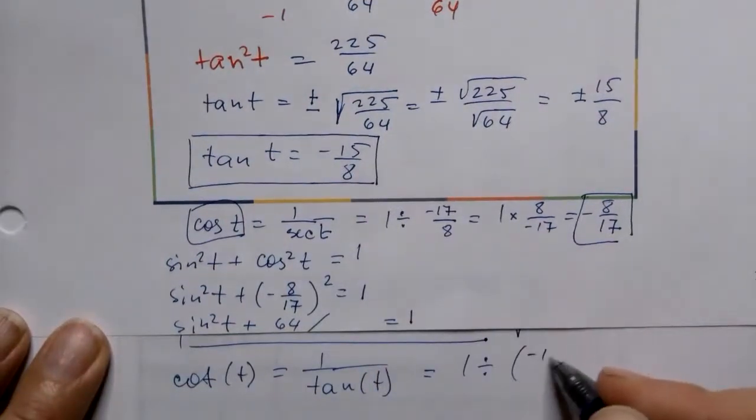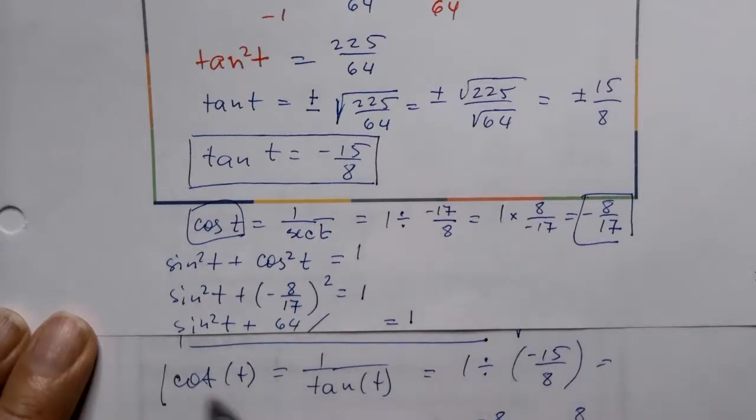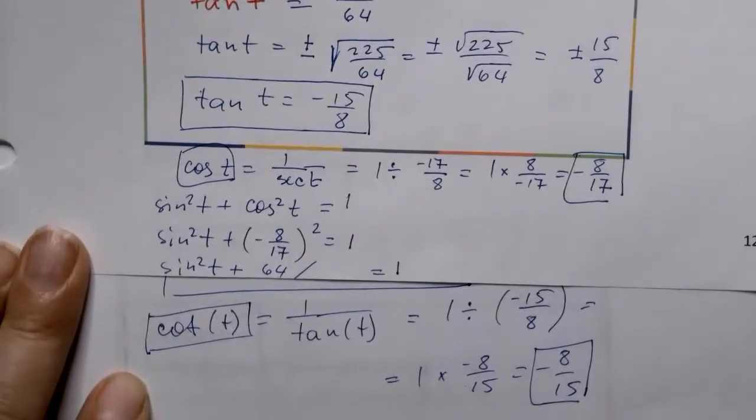So that's going to be 1 times negative 8 over 15, which is negative 8 over 15. And we're done. We found all the functions. So the cotangent equals negative 8 over 15.